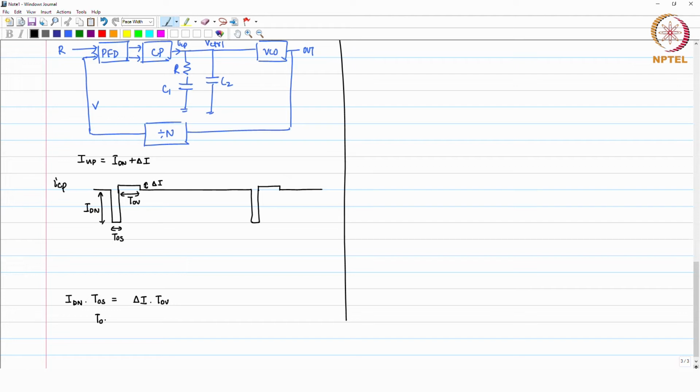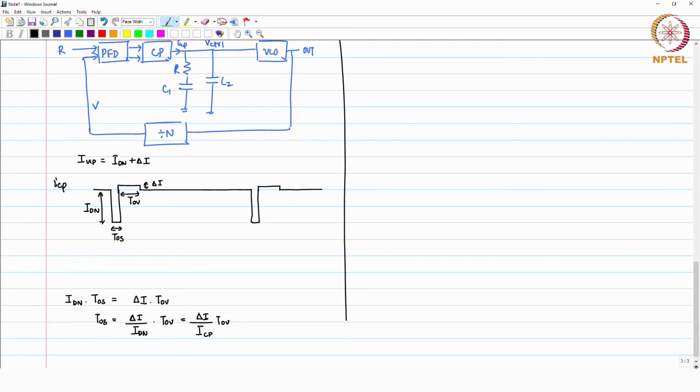So, the T offset value is delta I by I down times T overlap. I am just writing I down as now I CP, times T overlap. It will create an offset value which is given in this manner.